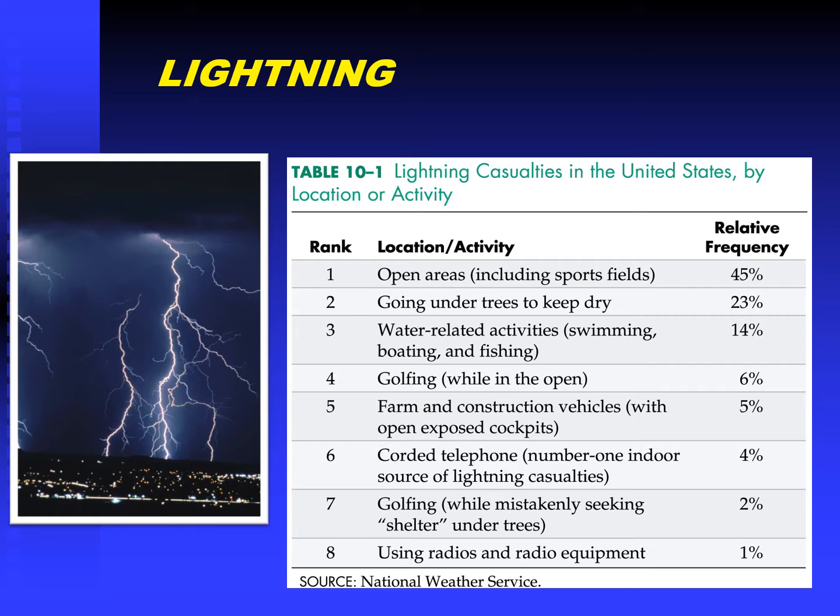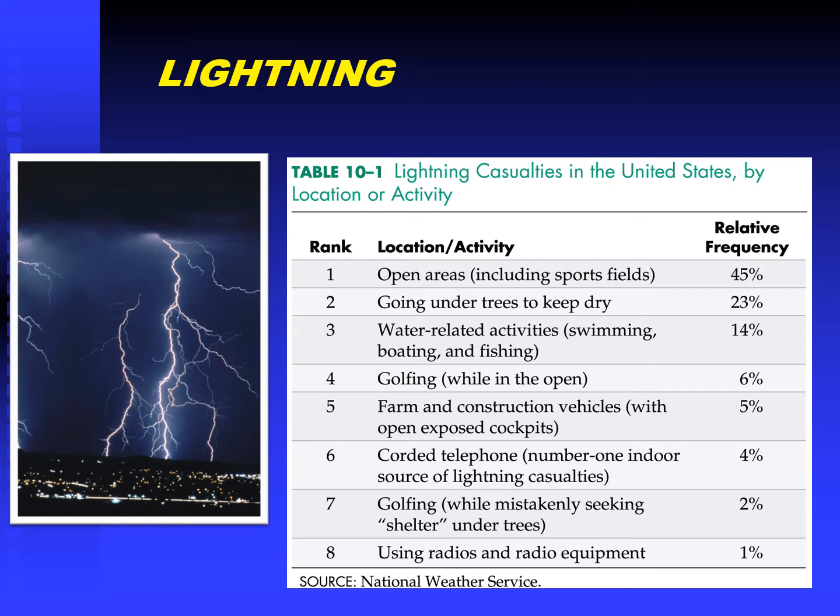Trees, we might want to seek shelter under trees to keep dry from the rain, but that's a potentially dangerous place as well, especially if you're leaning against the tree, touching it, but even if you're not touching it, you're just in close proximity, the trees will tend to get struck by lightning. That's not a safe place to be.